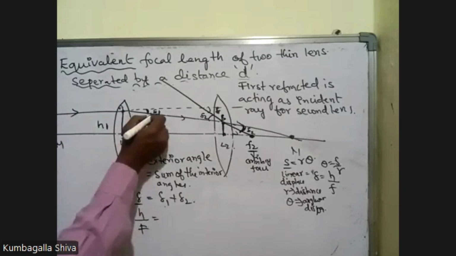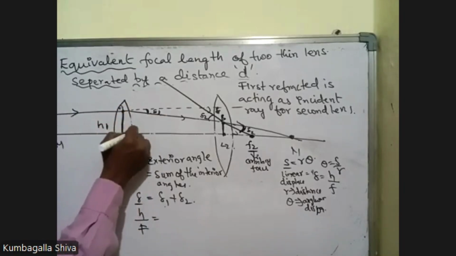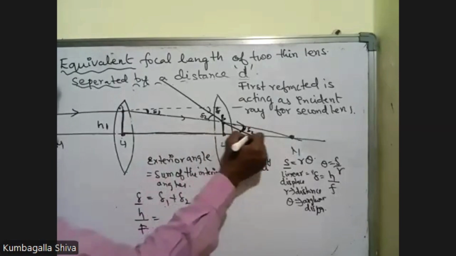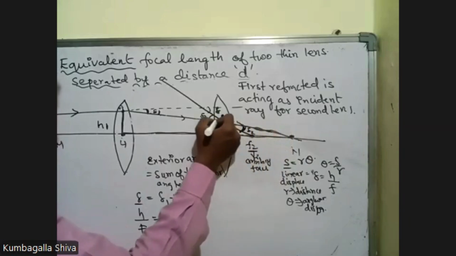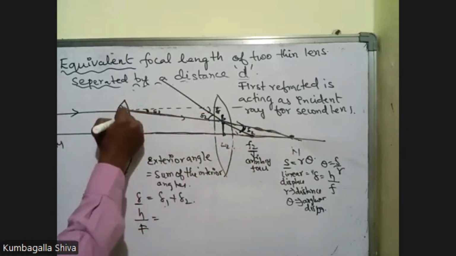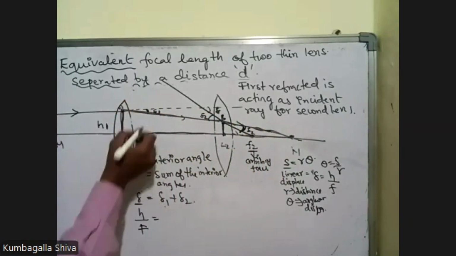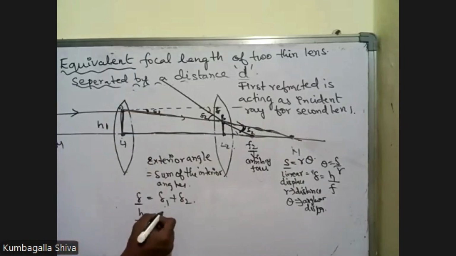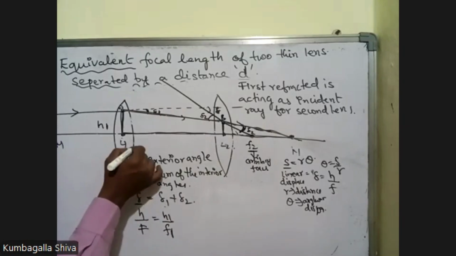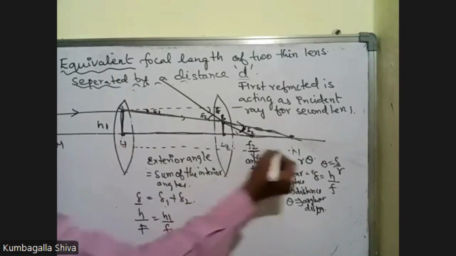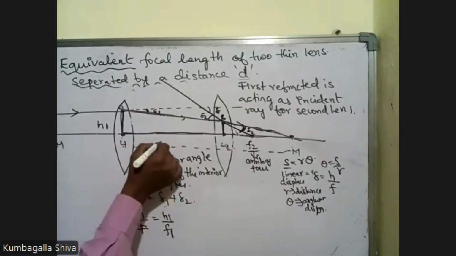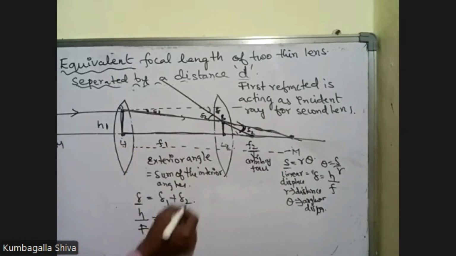Delta 1 is what? From the triangle you can clearly see, this is the triangle we are looking at. Here delta 1 represents h1 by f1. From L1 up to the point N, the distance will be noted as f1.